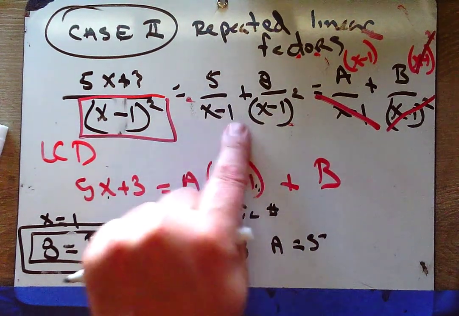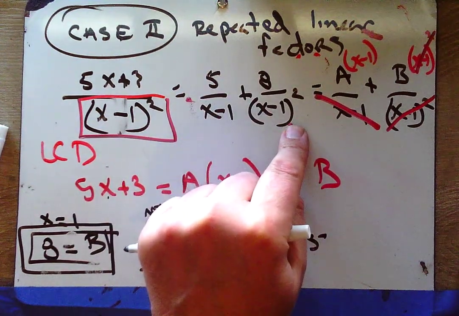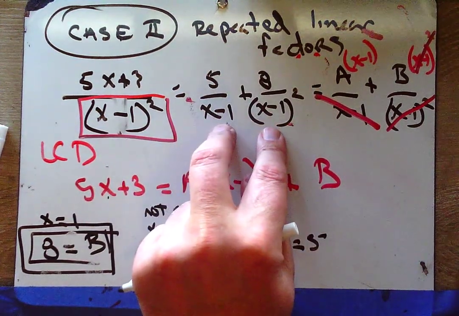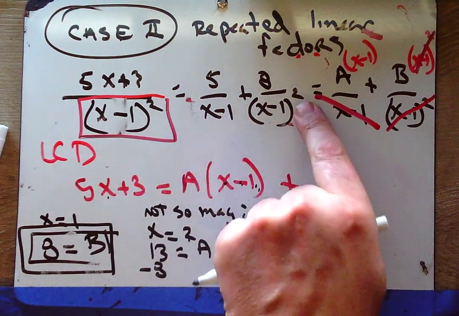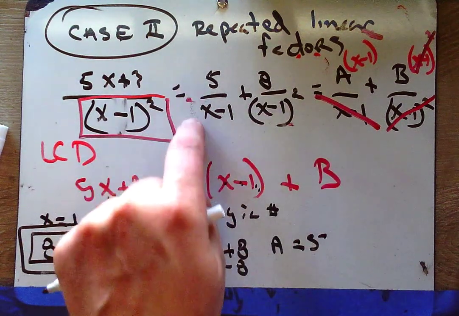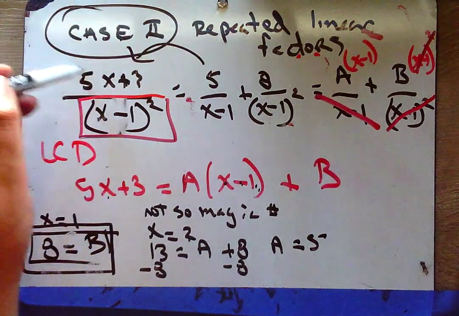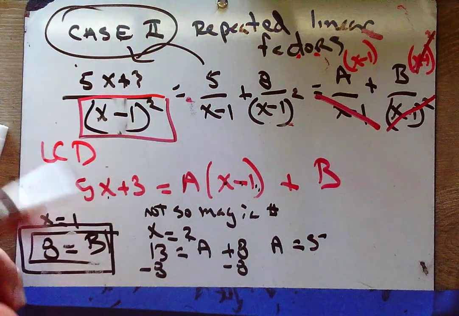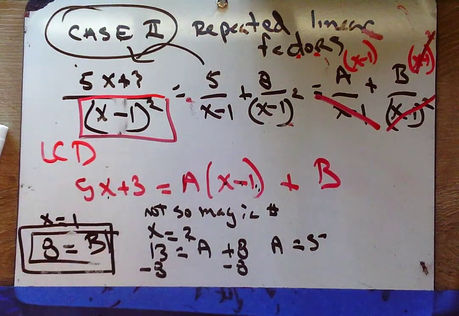Again, you can check to see if this really is the partial fraction decomposition by making a common denominator. No, not this times this. This is the common denominator. You just need to multiply here by x minus 1 over x minus 1. That should bring you back to the original problem. If it doesn't, there's a mistake somewhere. Okay, so here was magic numbers.